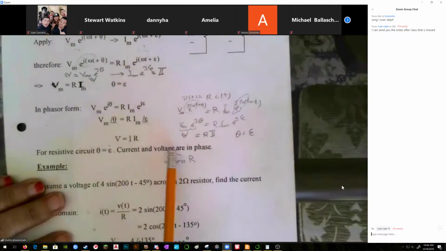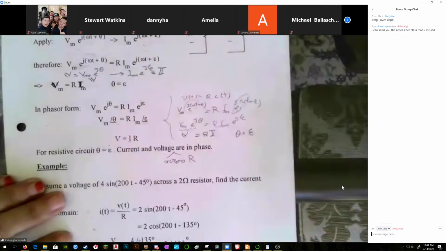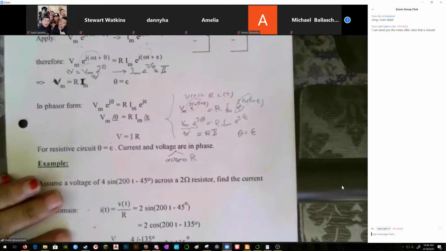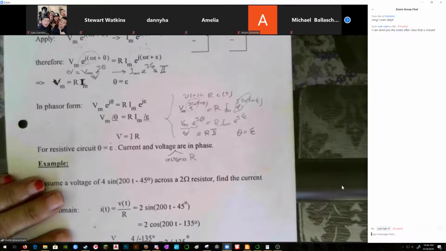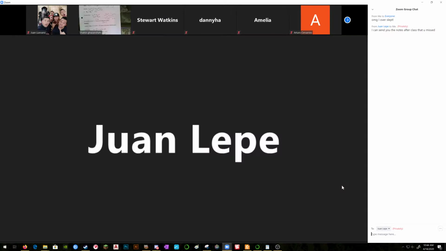So I want you to write these things. This part is a better way to show you. So add it to your notes, or do you print your notes, or do you use your iPad to make changes? Yes or no? Yes. Yes.